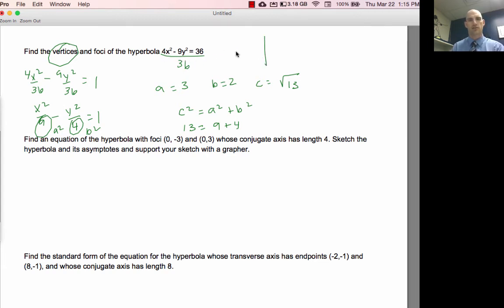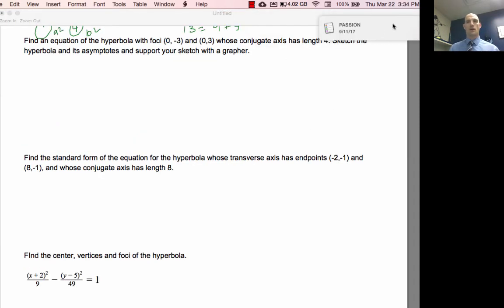If x is first, then my hyperbola goes this way, which means that my vertices and my foci are manipulating the x coordinate, right? So my foci are on the x coordinate.